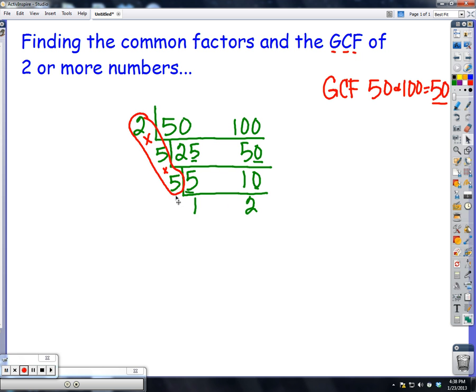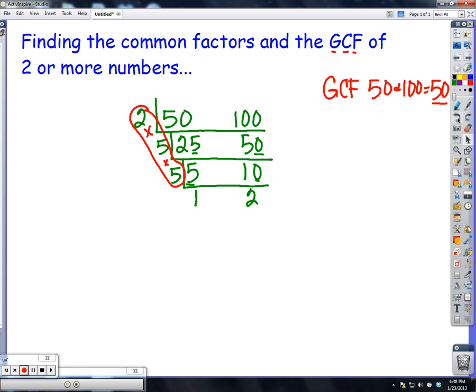Let me back this out a little bit so you can see what I've done. You can see that if you were to turn this right side up, it looks like the way tiers of a birthday cake are stacked one on top of the other. It really doesn't matter which way you do it.